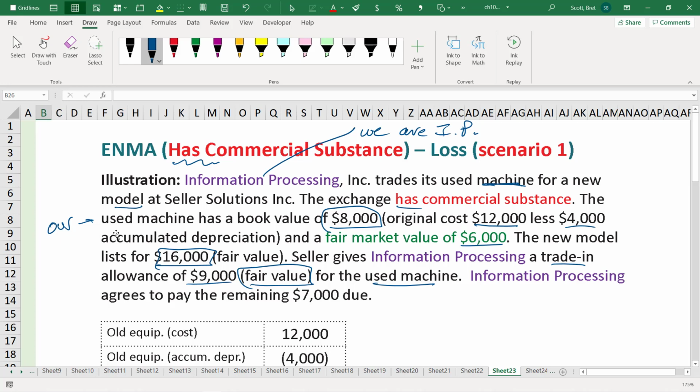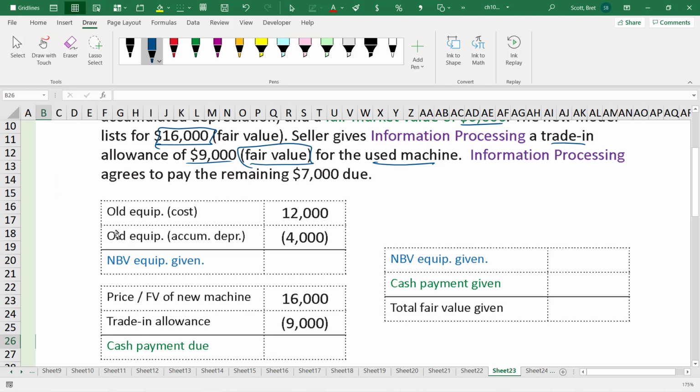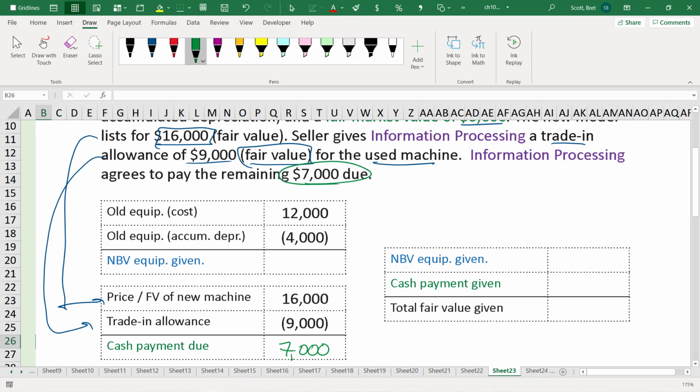But essentially what it's saying is that if the list price is $16,000 and the trade-in allowance is $9,000, then we have to bring to the table $7,000 or cut a check for $7,000 to get the machine. And that's what's set up here. $7,000 is due at the end of the transaction.